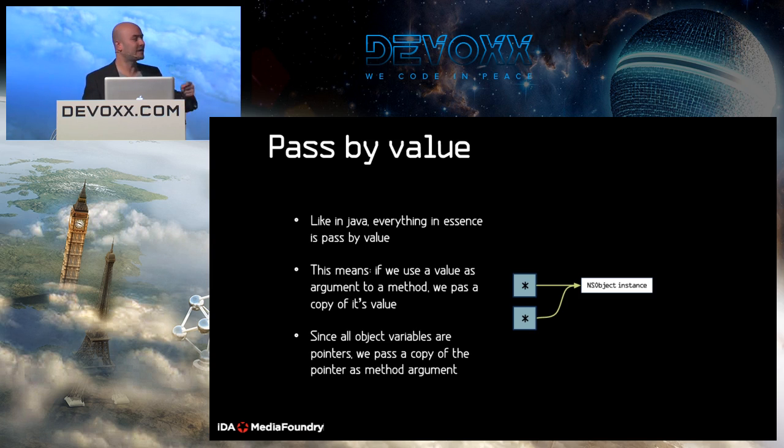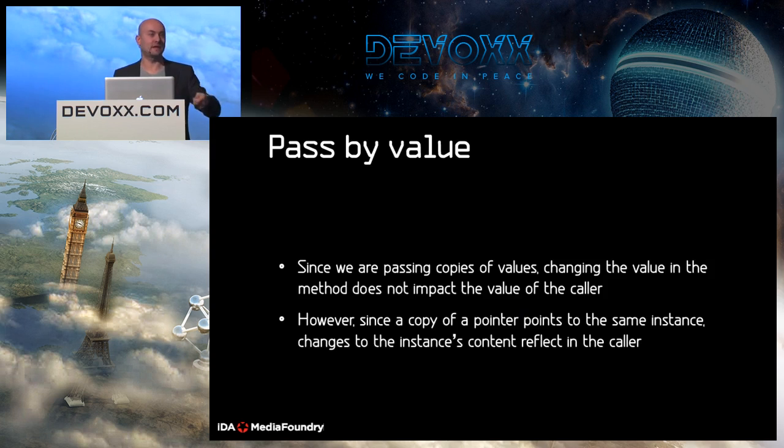So every time you pass a variable of type object in a method, you pass it by value because you pass the pointer. Meaning that, again, you create a copy not of the object, but of the pointer. And this is what pass by value is. Pass by value means you only pass the value, you don't pass the reference to the object. So that's pass by value.